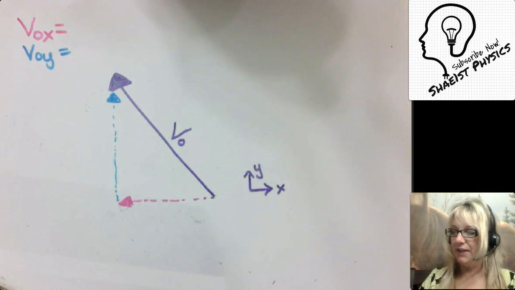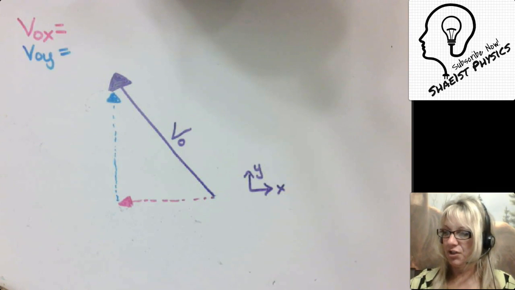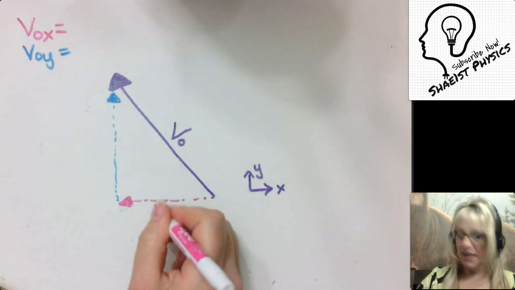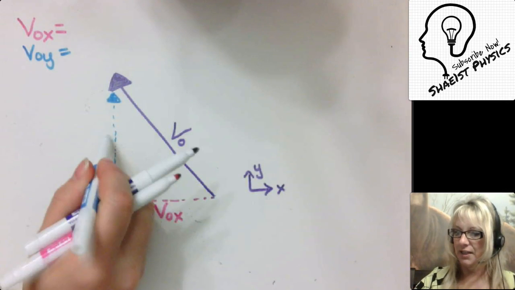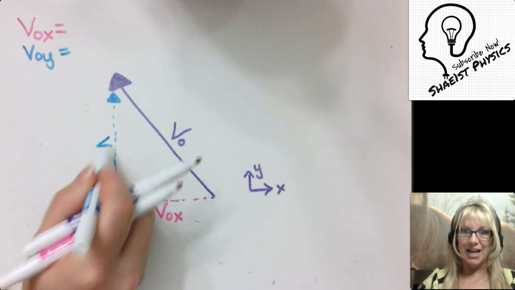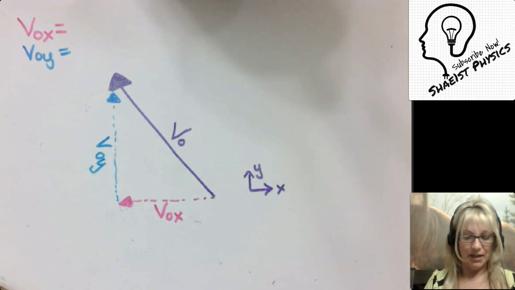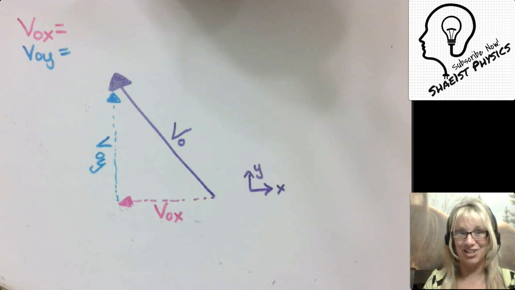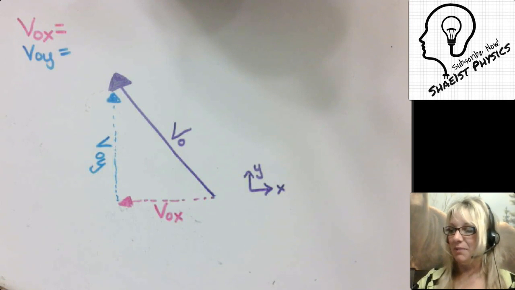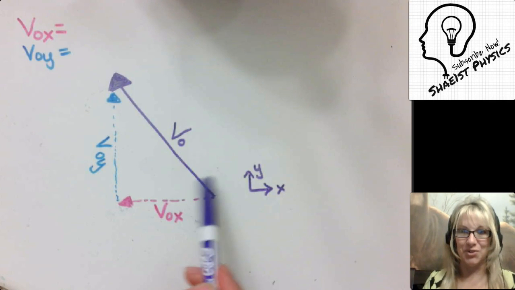So this vector right here will be our initial velocity x component, and this vector here will be our initial velocity y component. Now the challenge is going to be, and it's not really a challenge at all, well, not after you watch this video, okay, how do I figure out what those numbers are?